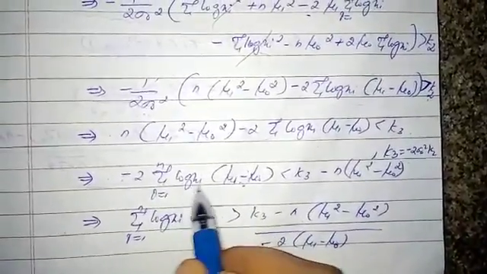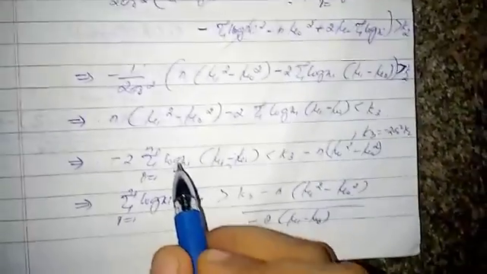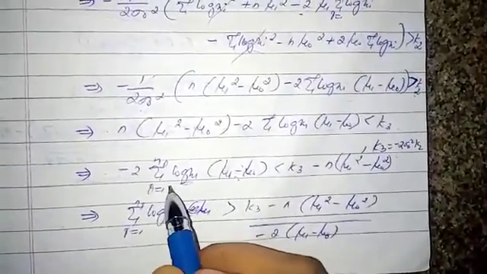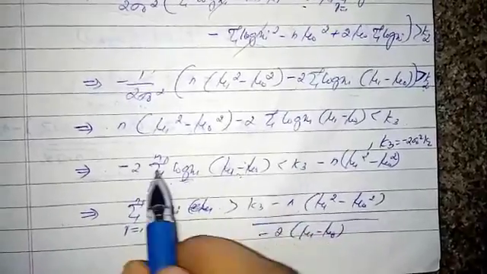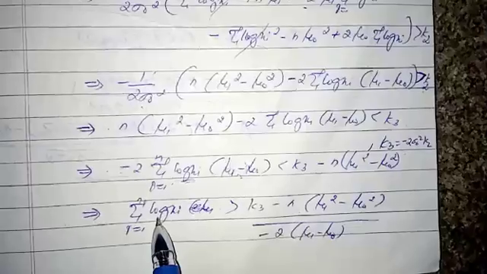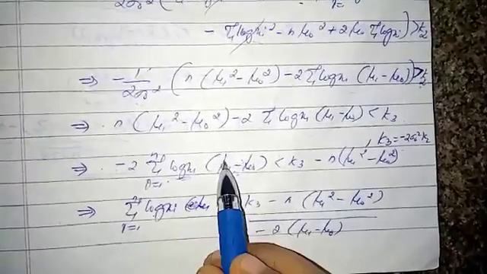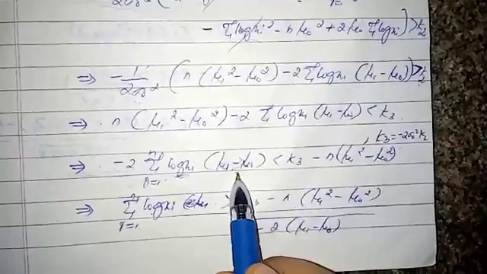So here we want to obtain the test function, which means a function of a random variable. We want to change this term into a function of a random variable, so we have to divide by minus 2 into mu1 minus mu naught.